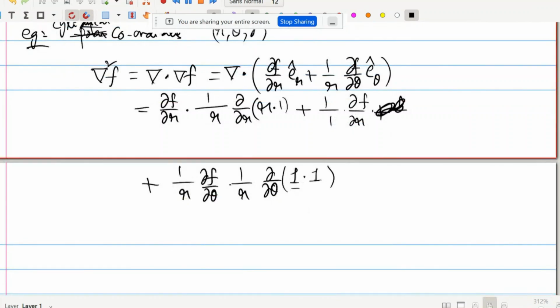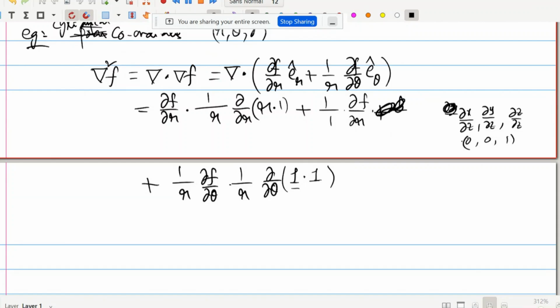What is HZ? Yesterday you have done this, right? Just look back. How do you get your HZ? HZ is basically dou X by dou Z, dou Y by dou Z, and dou Z by dou Z. So what you are getting is 0, 0, 1.